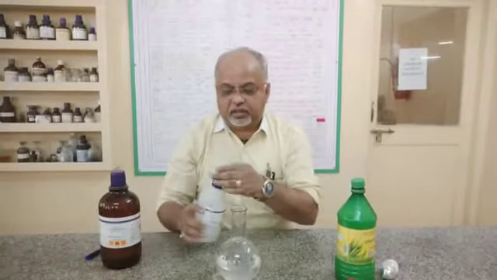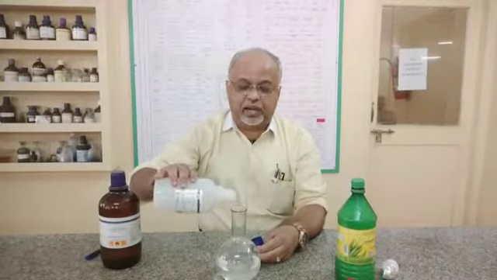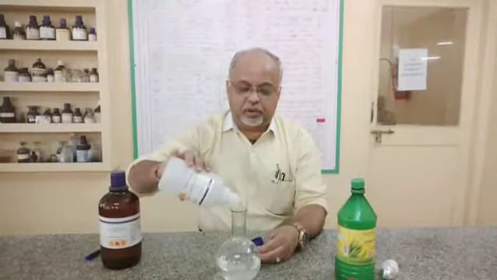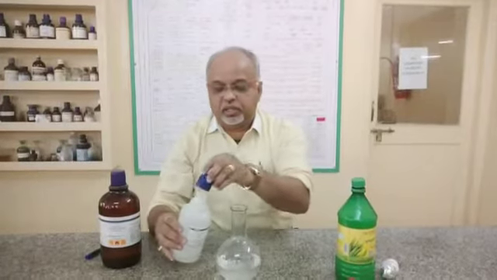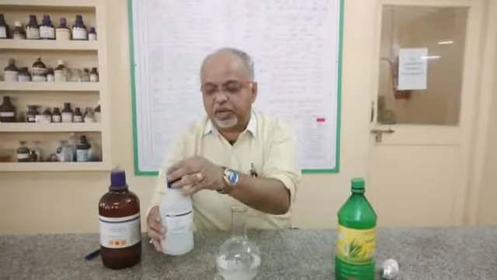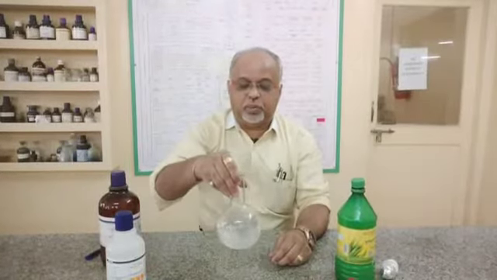Simultaneously, you can add 5 to 10 ml of glycerol. I have taken 15 ml of glycerol. I am adding this into the ethyl alcohol and aloe vera mixture. Now mix it properly.